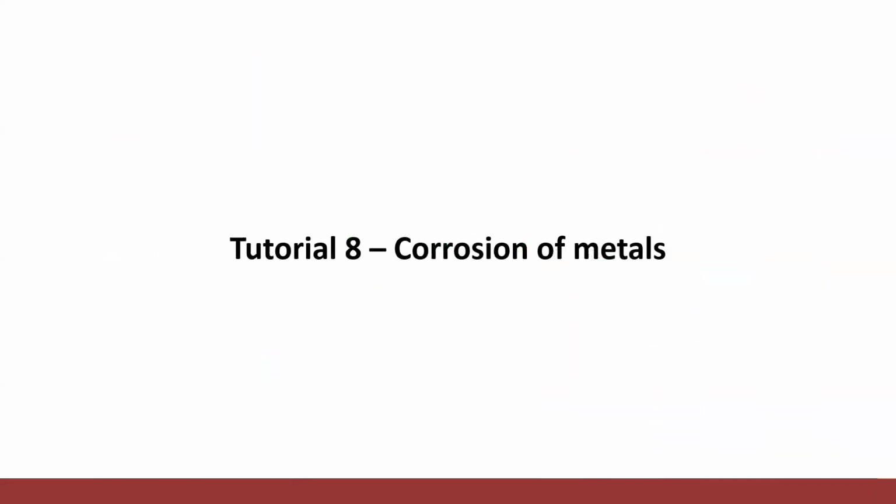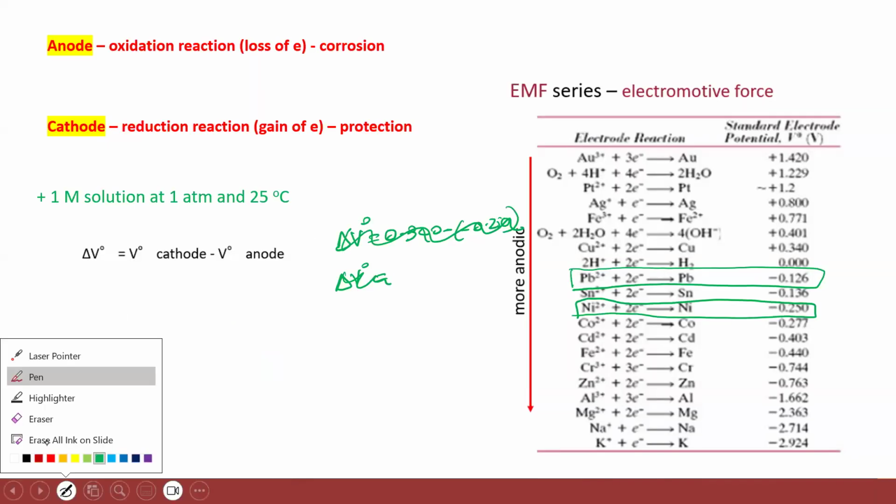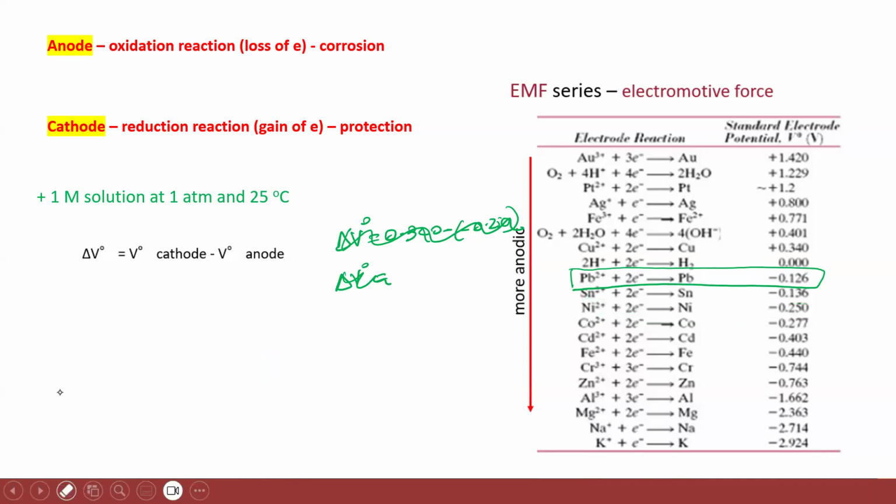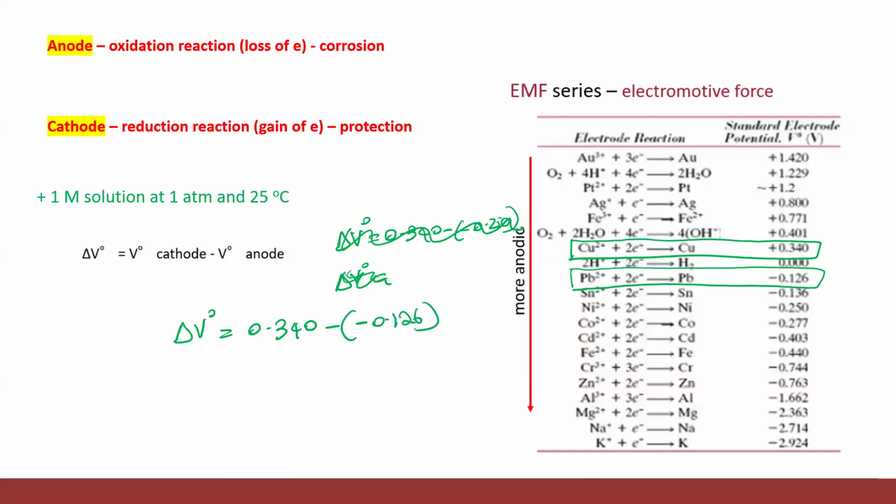Copper and lead, so delta V naught will be 0.340 minus negative 0.126. So what do we get? 0.466. Do we all get this? 0.466 volts.